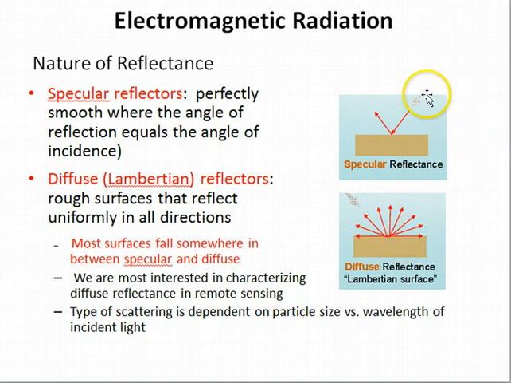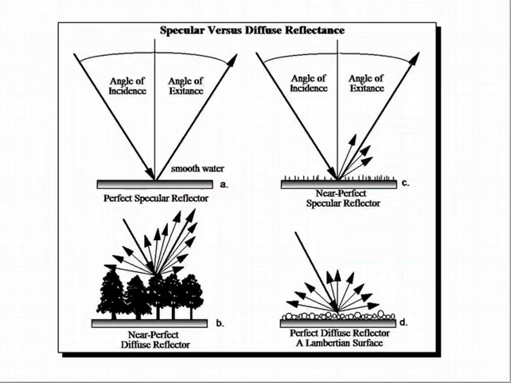But you can have instances where you have a pure specular reflectance. This will happen with very smooth surfaces, and again it's common for mirrors and also water bodies. There the angle of incidence is the same as the angle of exidence. Just to help you visualize that, here would be your perfect specular reflector.